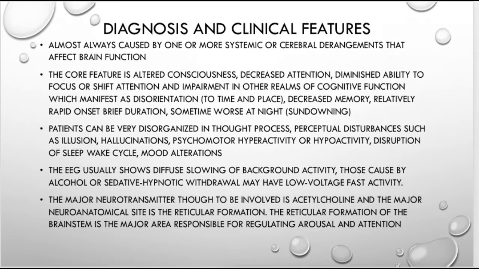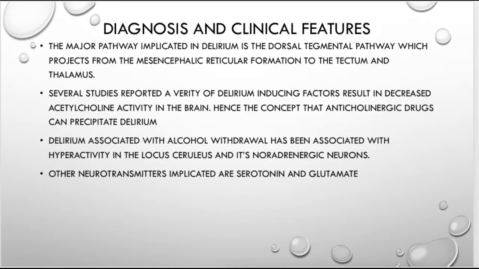The major neurotransmitter thought to be involved here is, of course, acetylcholine, and the major neuroanatomical site is the reticular activating system, or reticular formation. The reticular formation of the brainstem is the major area responsible for regulating arousal and attention, and of course that's why you might think that that is the place where some of the derangements are occurring.